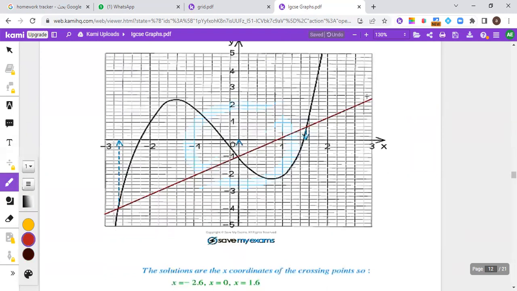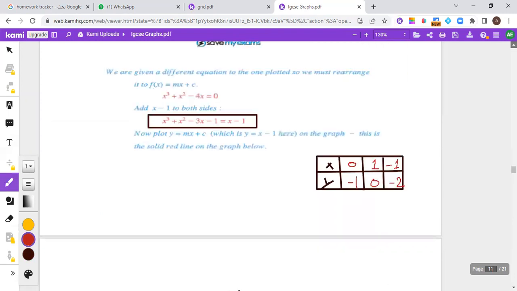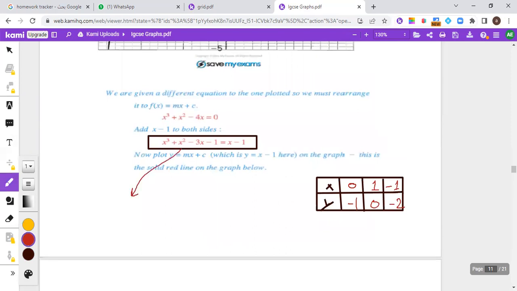And when you draw the line, the equation is y equals x minus 1. Of course, because this part is y, and this part also is y. So you have y equals two parts, this part and this part. Then you draw this and you find the intersection points.